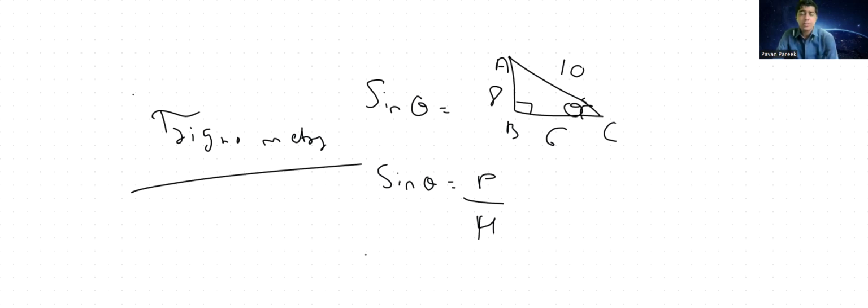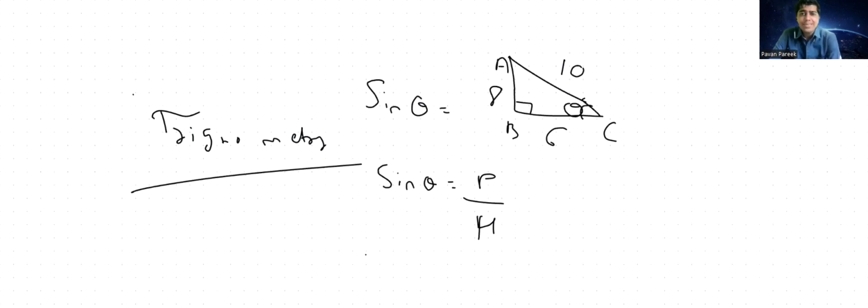So what is hypotenuse? Students, in your earlier classes, you learned what hypotenuse is. In a right angle triangle, the side which is opposite to 90 degrees, or we can say the longest side, is the hypotenuse. Here you can see AB is equal to 8, BC is equal to 6, and AC is equal to 10.